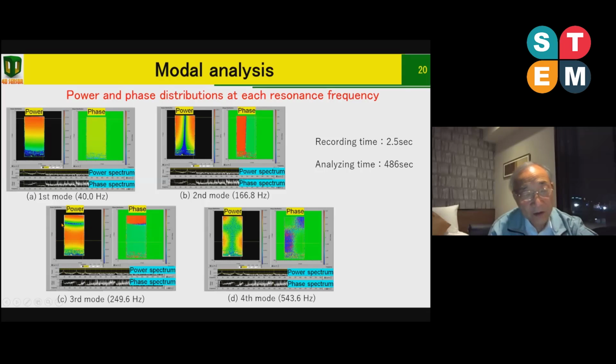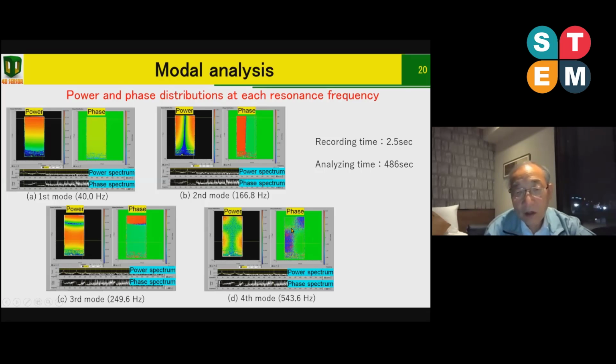So it gives a different pattern. And the fourth mode, 543 Hertz, gives a different pattern. But in this case, this mode is obtained by combining this one and this one.